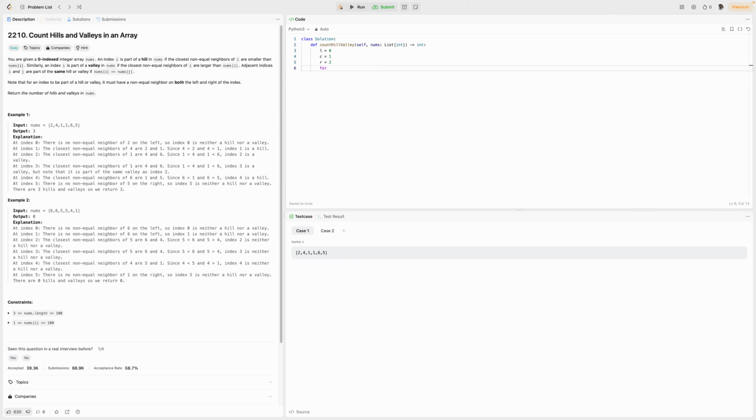So for i in range of C, length of nums, we're going to get to the first one and then length minus 1 minus 2. So what that's going to do is, this is going to be our center column right here. Length is equal to length of nums.